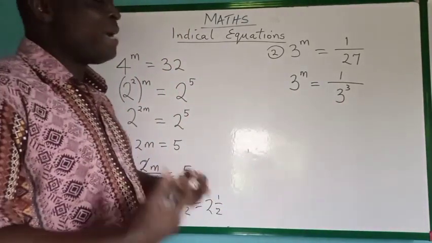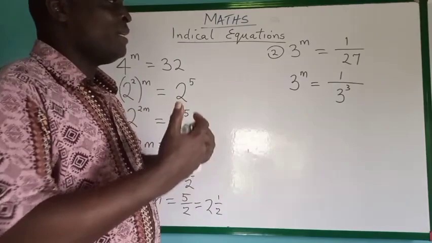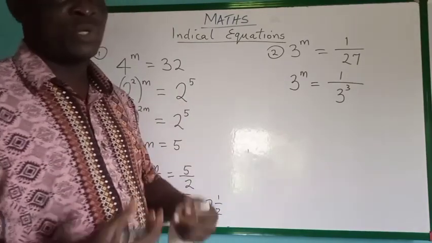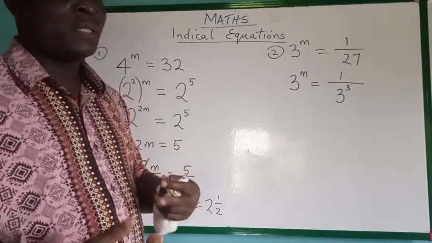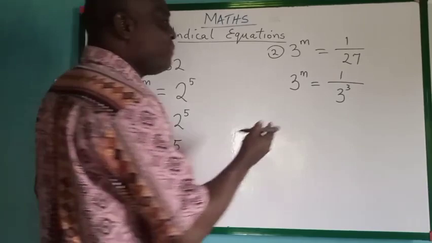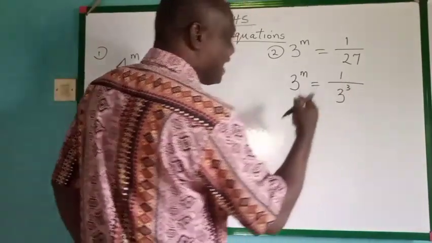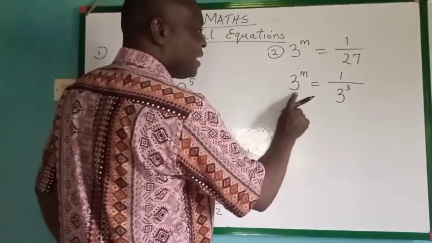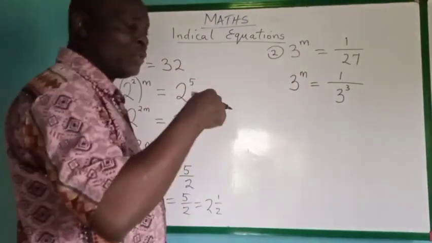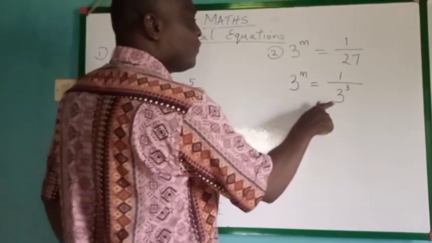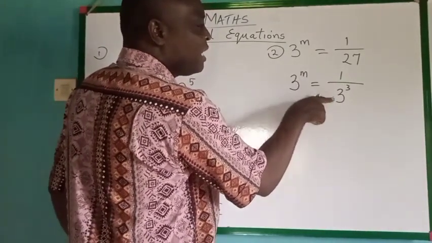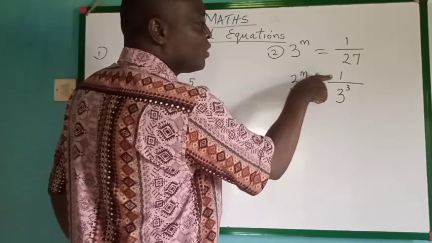That will remind us of the negative indices that we talked about, that we also refer to as reciprocals. So can I make this a straight line expression just like the left hand side? Yes. We said in that law that for you to have 3 raised to the power 3 as denominator of a fraction, it means you have moved it from the numerator down.